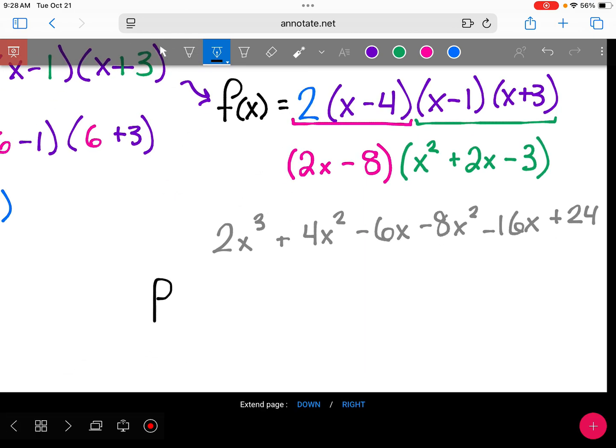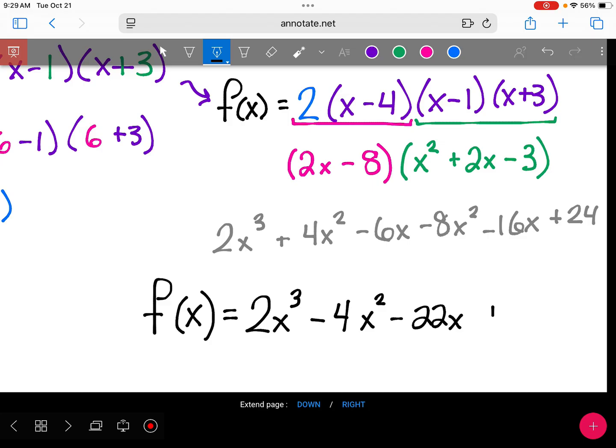So our final answer on this one, our f of x, when we combine our like terms together, we should get a 2x cubed minus 4x squared minus 22x plus 24. And this is our equation in standard form.